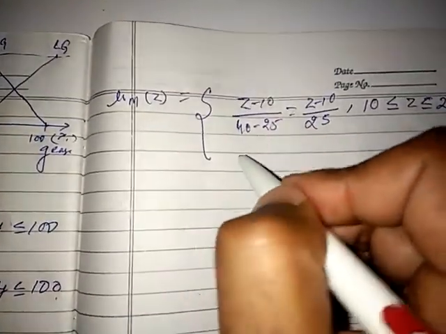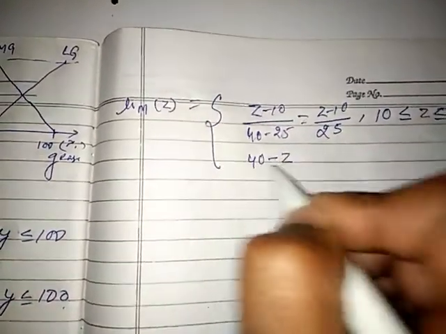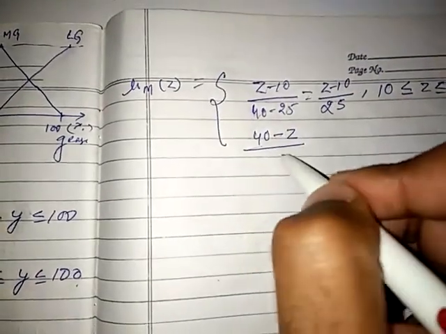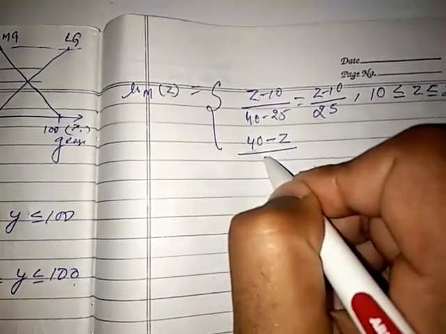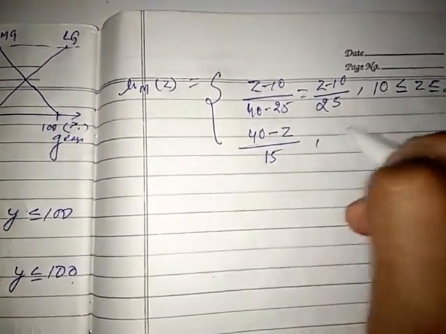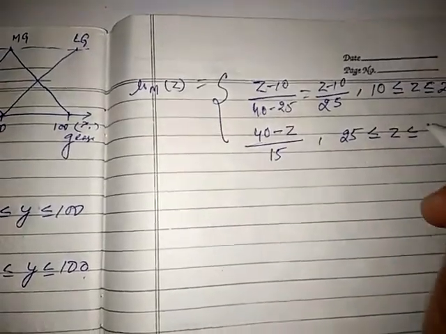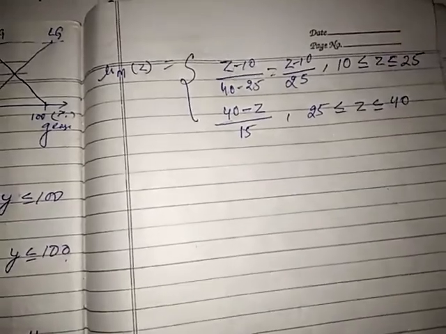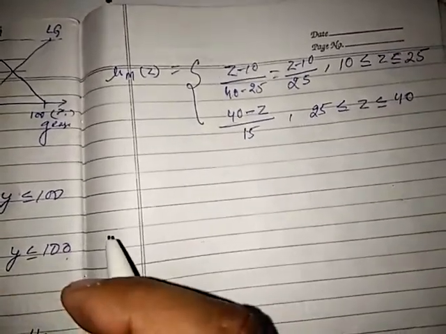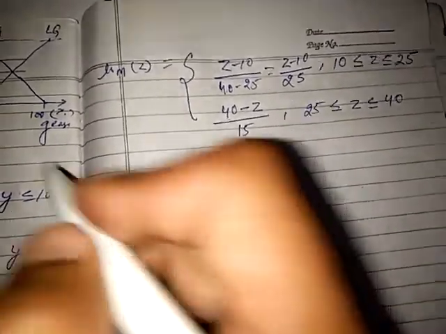In the second case, 40 minus z divided by 15. So the range is 25 to 40.